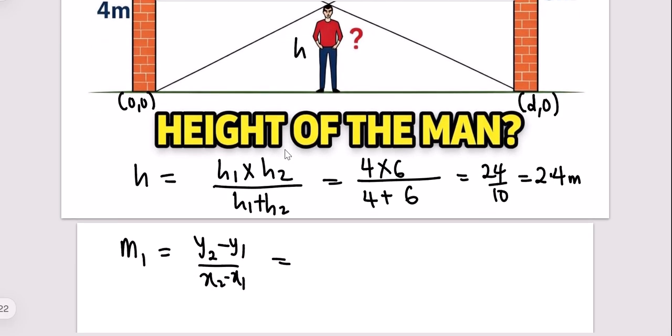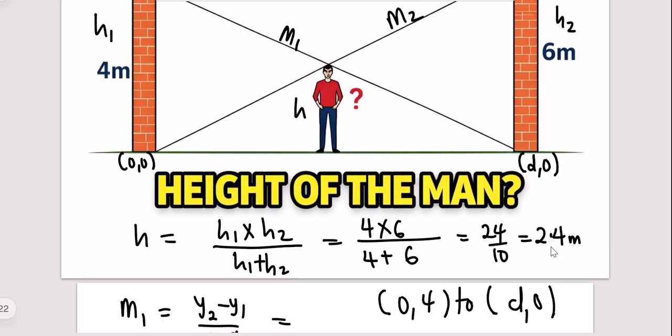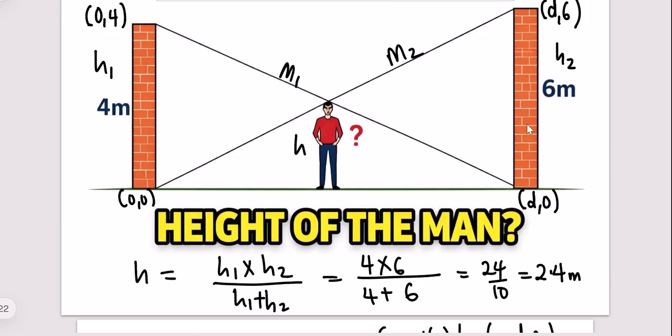The first coordinates I'm going to be using are 0, 4 to d, 0. That is, I'm considering this first slope here.